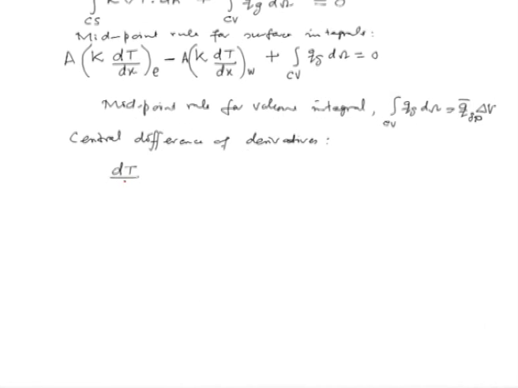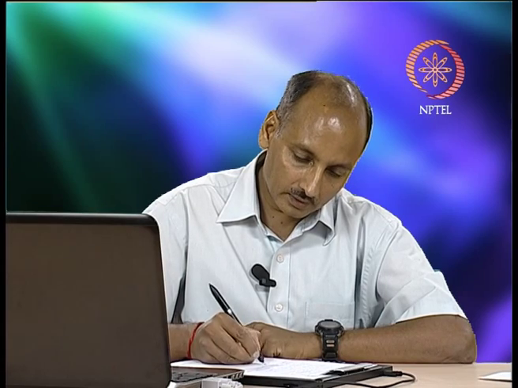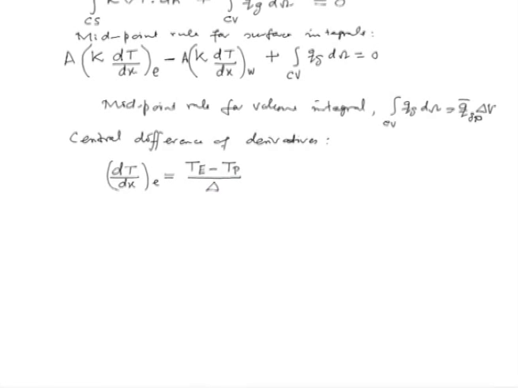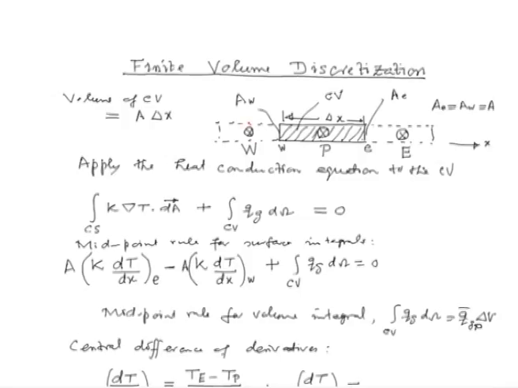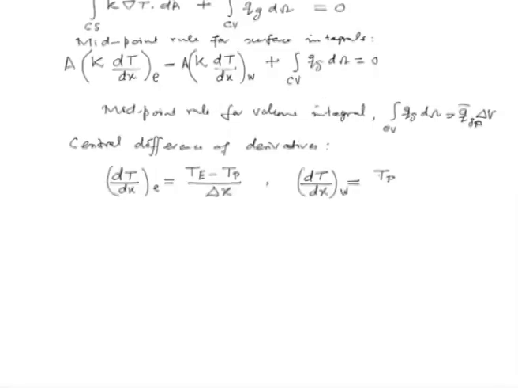The dT by dx at E, that is our east face, can be written simply in terms of the value of temperature at eastern node E. So, that becomes T E minus the value at the current computational node P, T P, divided by delta x, and similarly the value of the derivative at the west face, because the west face represents the midpoint between the computational nodes P and W, is given by T P minus T W divided by delta x.